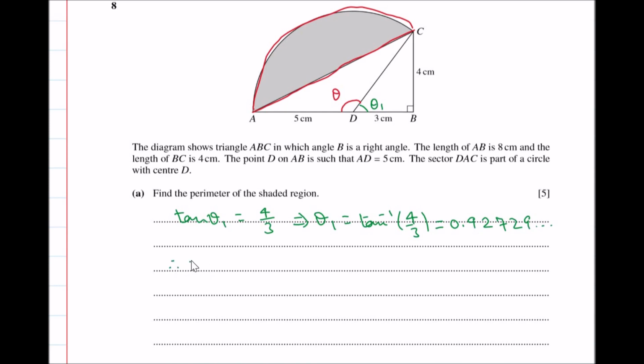Therefore, angle theta is pi minus 0.92729, and that gives us 2.214302. This is our theta. Okay.